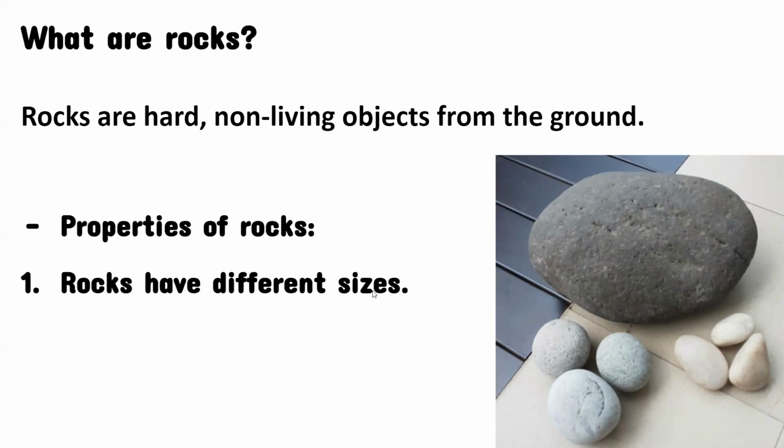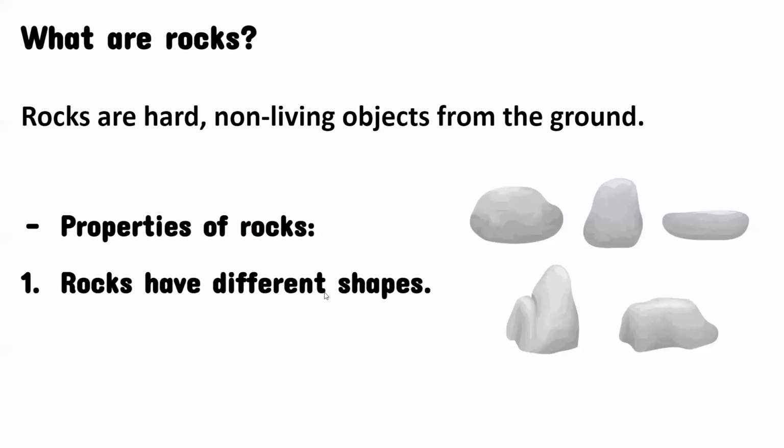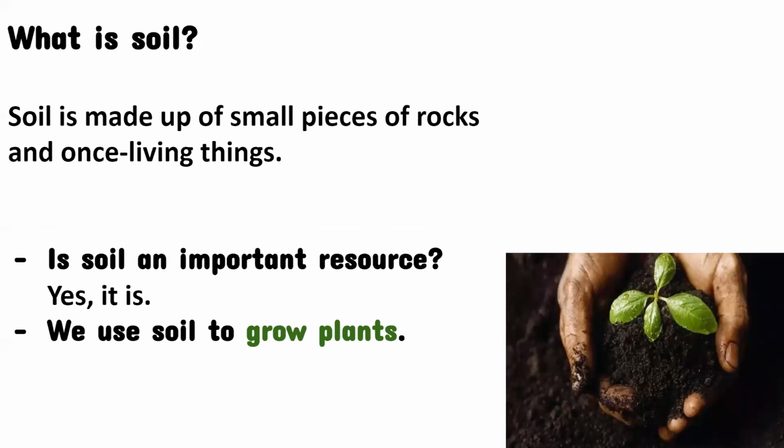Not all rocks have the same size, okay? And the third one, they have different shapes. As you can see here, they're different. They don't look the same. They have different shapes. So the three properties of rocks are shape, color, and size, okay? Shape, color, and size.